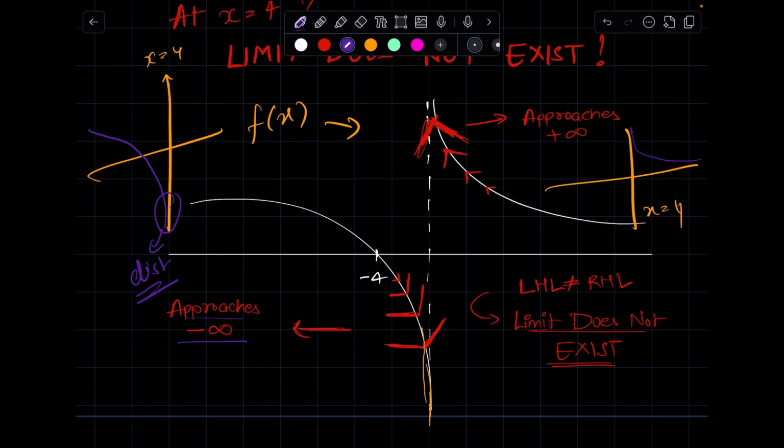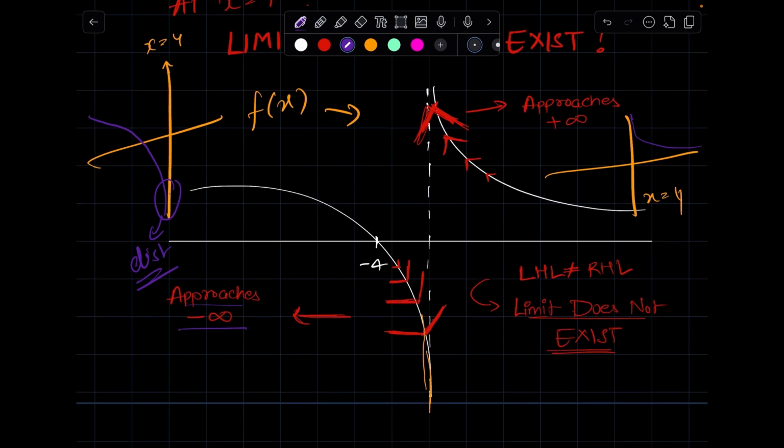That's why we say that the right hand side approaches positive infinity, while the left hand side approaches negative infinity. And in this case, since negative infinity is not equal to positive infinity, the limit is said to not exist. This line where a function does not exist is called an asymptote.